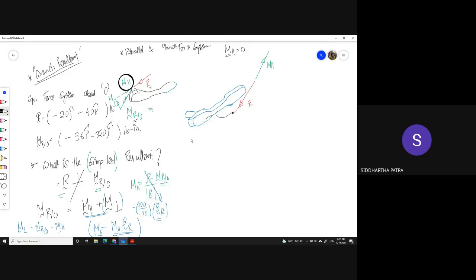So it's actually acting on the body, but having been able to represent that using a single force and a moment acting on a single line, we are in some way simplifying it, and that simplification is not representative of the actual situation.